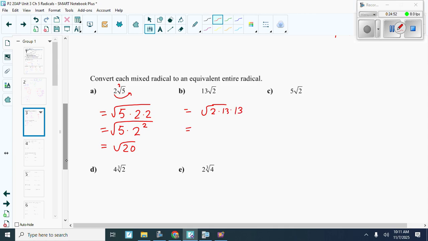Again, I don't need to see every single step. Like you don't have to say 2 times 169 and then equals. You guys can do some of that. Or it might be like that. 25 times 2, square root of 50.